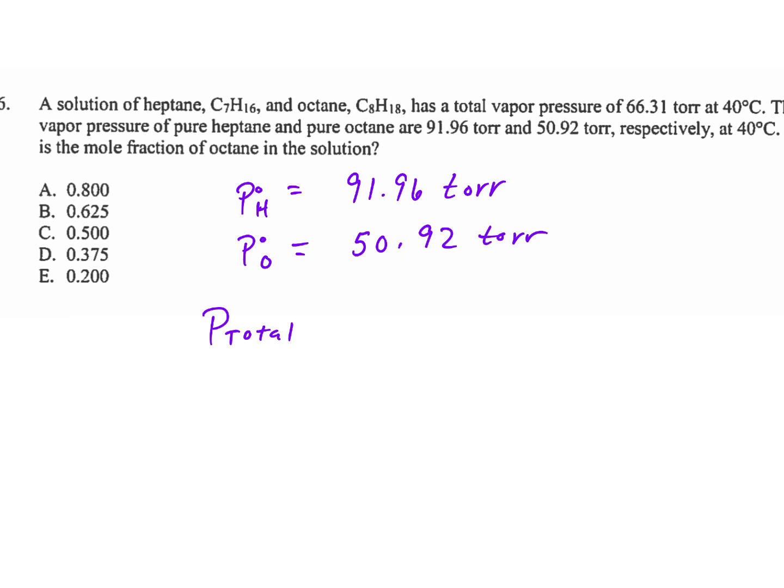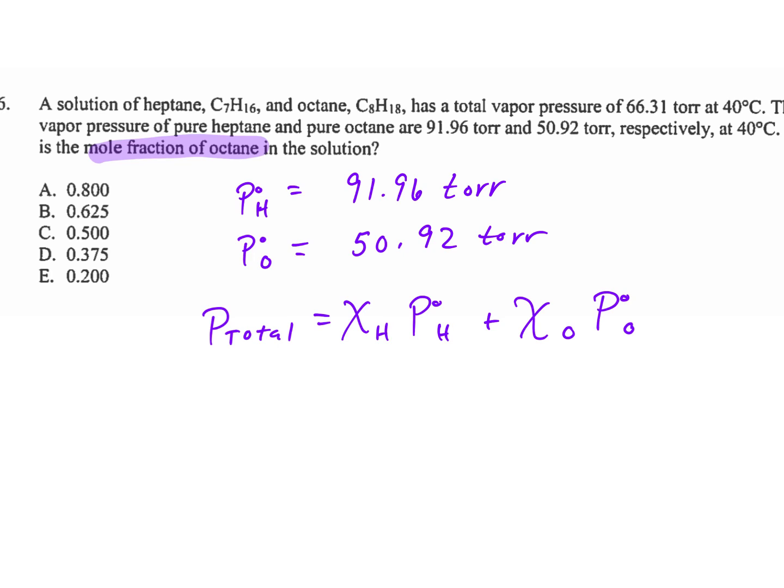Total vapor pressure. Again, going back to our Raoult's law for two volatile components, we're going to have the mole fraction of heptane times the vapor pressure of pure heptane plus mole fraction of octane times the vapor pressure of pure octane. So the problem says, what is the mole fraction of octane? That's what we're looking for.